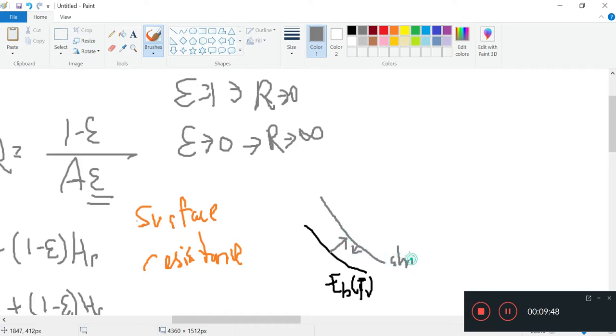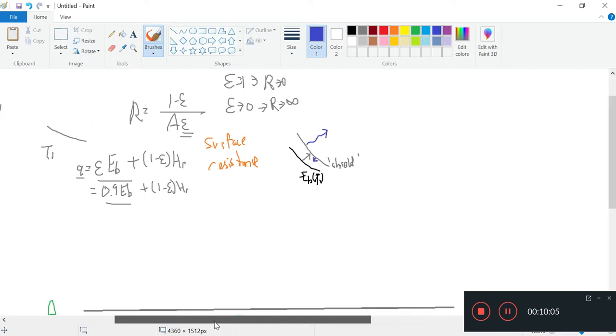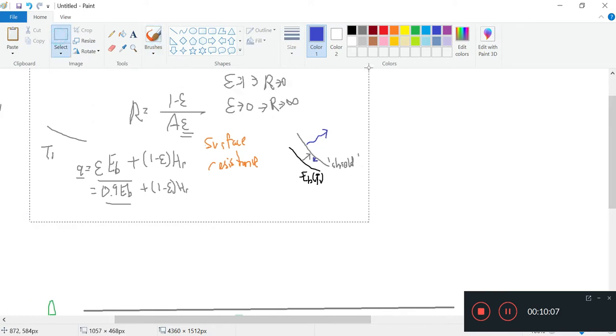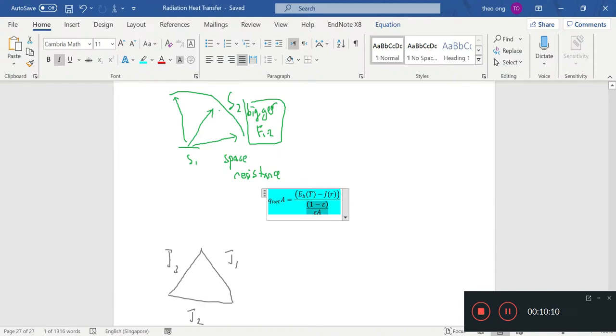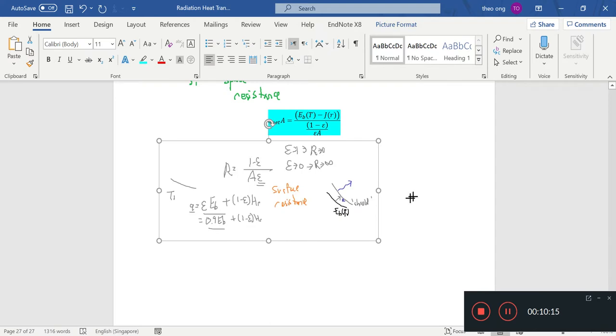So the net heat coming out is a lot less, because some of it is bouncing back. This gray surface prevents heat from getting out as efficiently as a black body. The effect of that lower emissivity is as if you have a little reflective shield here to prevent some of the heat from getting out.